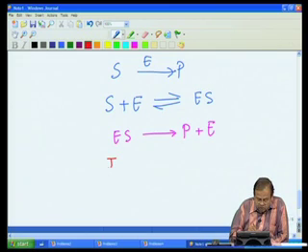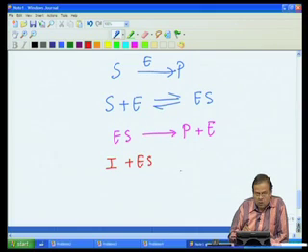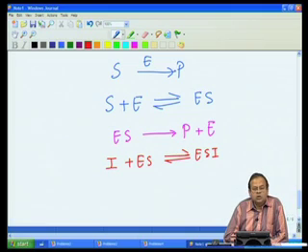Some species, inhibitor I, called inhibitor, binds rapidly, reversibly with substrate enzyme complex to give, let us say, a complex ESI, and makes this complex inactive. That means, no product can be expected from this complex. So, these are the three pieces of information that are available to us.